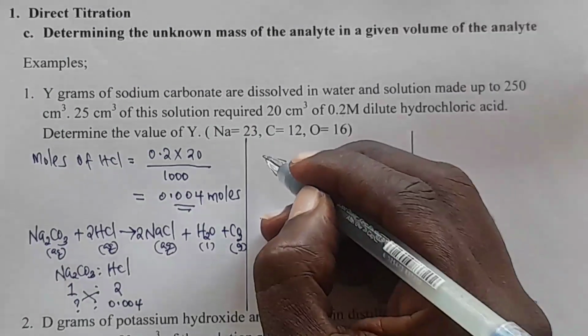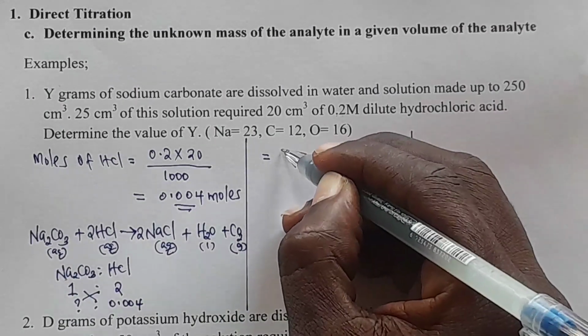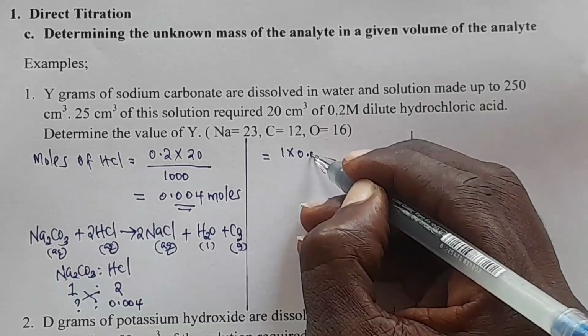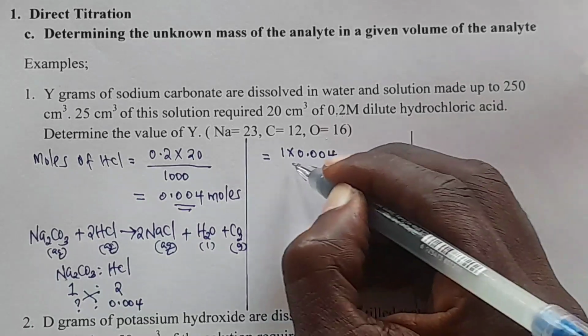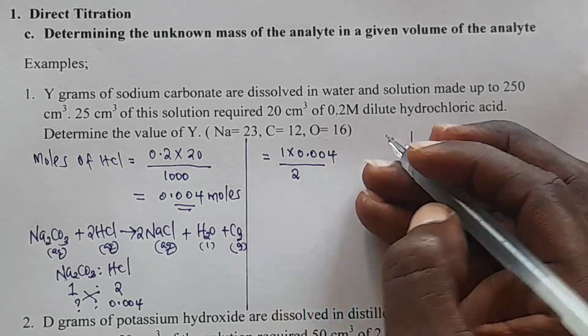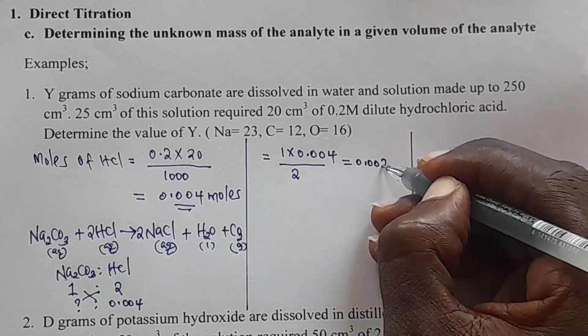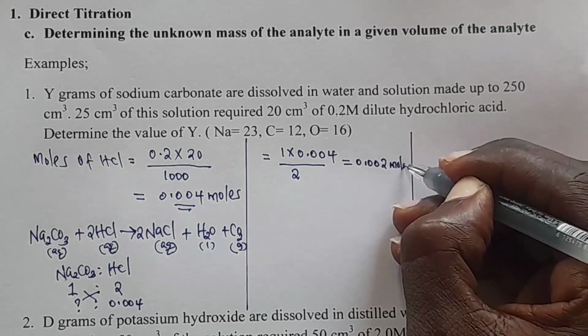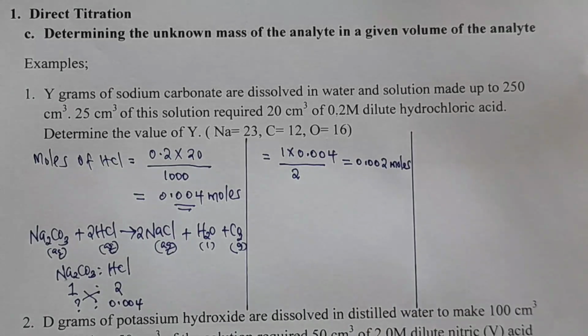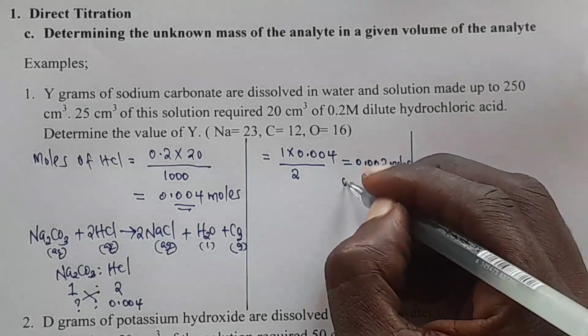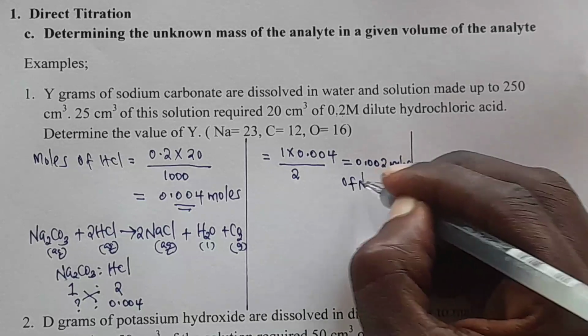This will be equal to 1 times 0.004 divided by 2. Here we are going to get 0.002 moles of sodium carbonate solution.